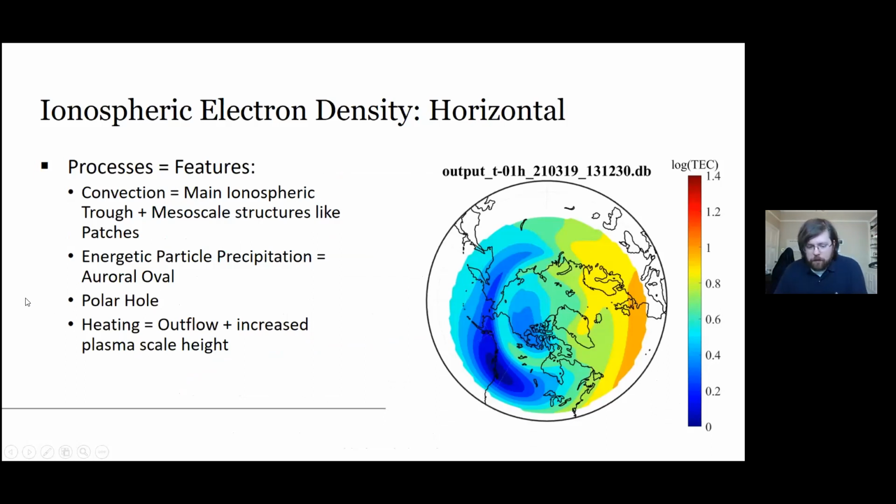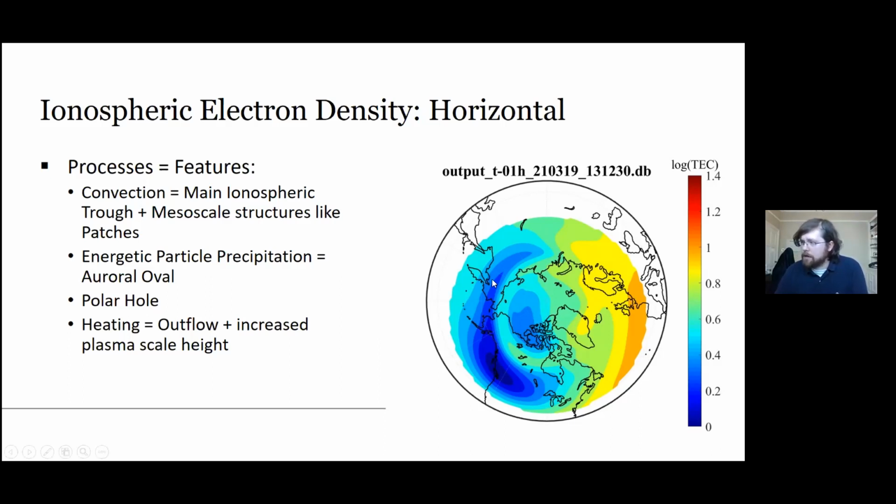In terms of horizontal structure, and I'll only talk about high latitudes, this is just a representation of the log total electron content, or the integrated vertical electron density of the ionosphere, above 50 degrees north geomagnetic latitude, well, actually 45, I think, in this case.